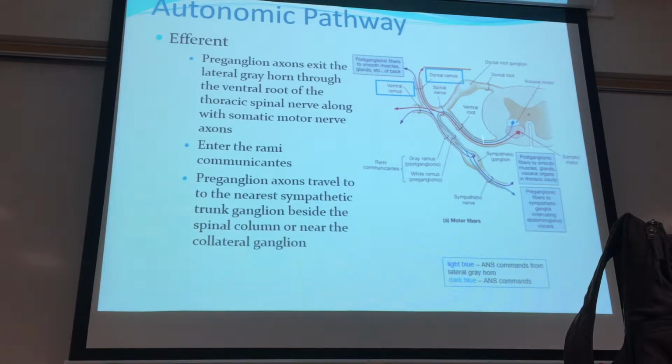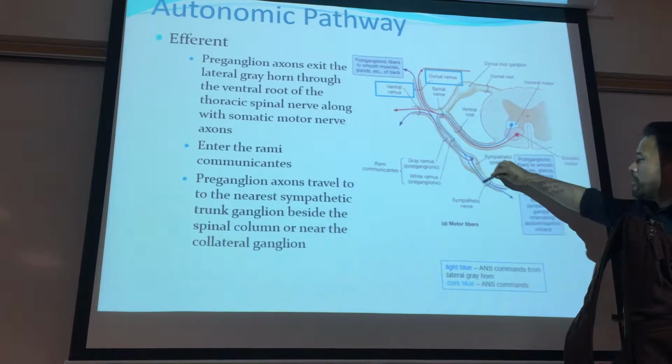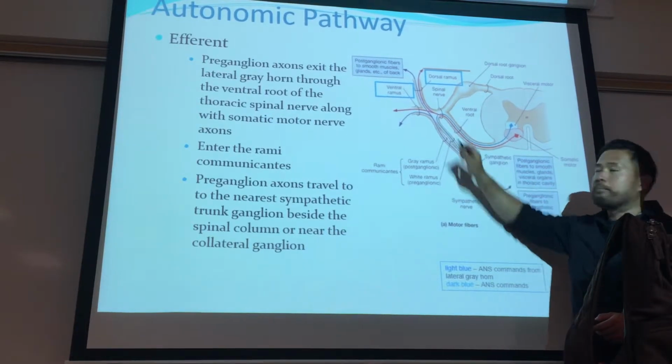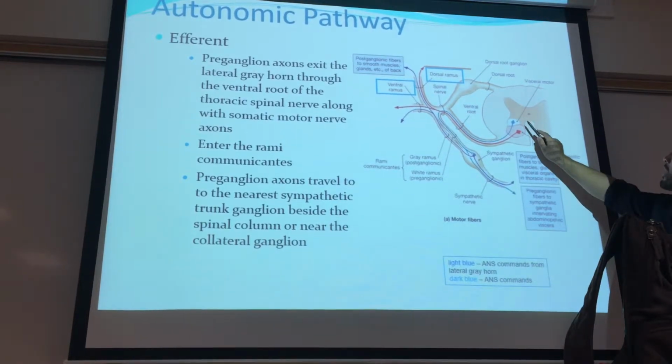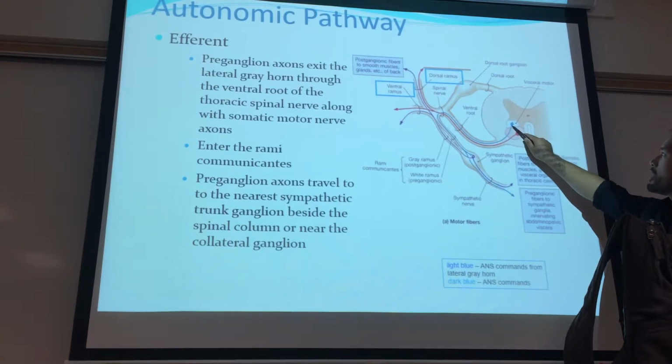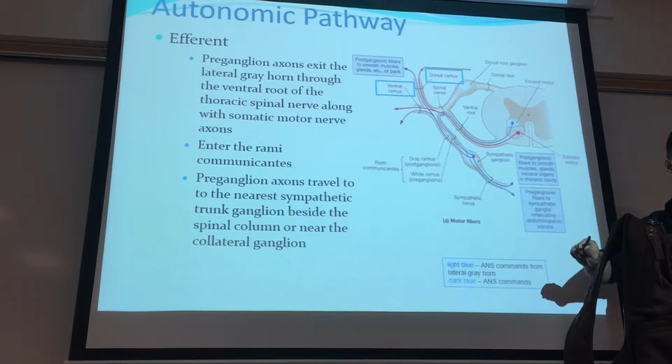The dorsal rami is the branch out of the spinal nerve that will innervate the muscles of the back. Ventral rami will innervate the muscles of the anterolateral region, everything in front of the spinal cord and to the side. And then the rami communicantes is going to be specifically for the autonomic pathway. And what you'll see is the lateral gray horn. You're going to see the cell bodies for the preganglion neurons.